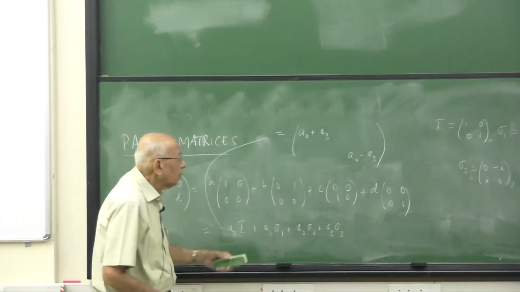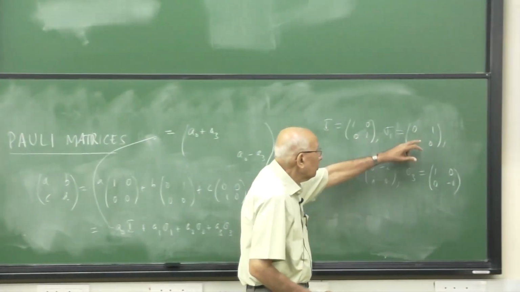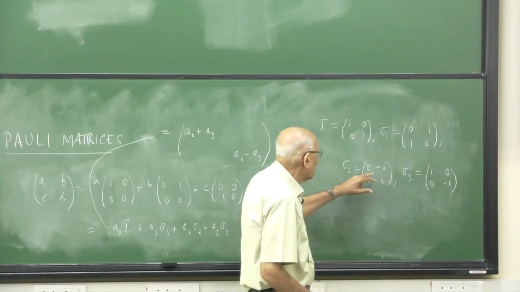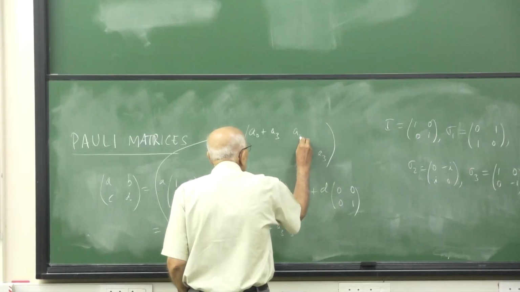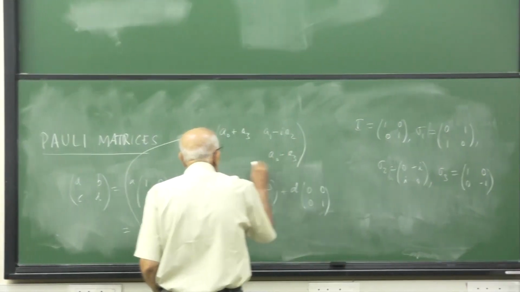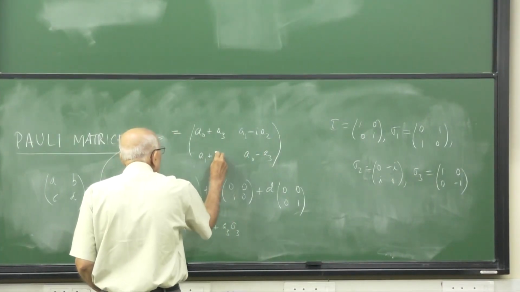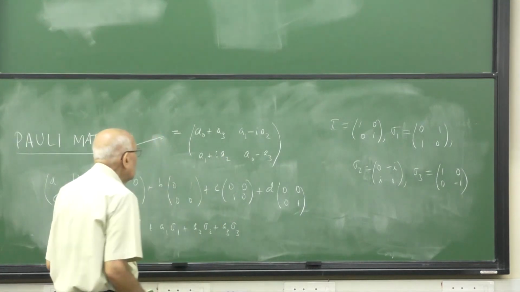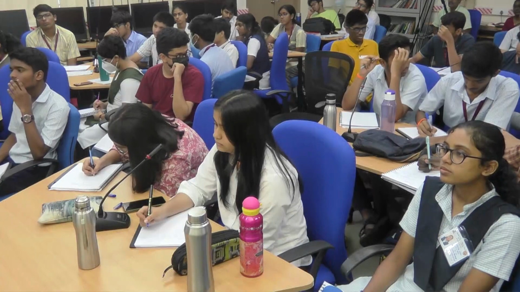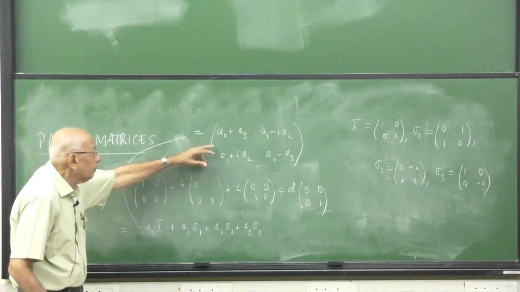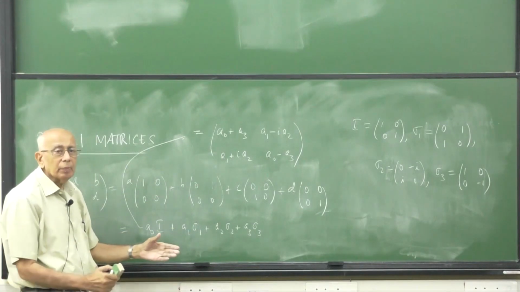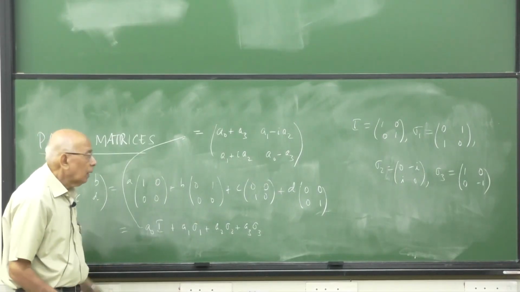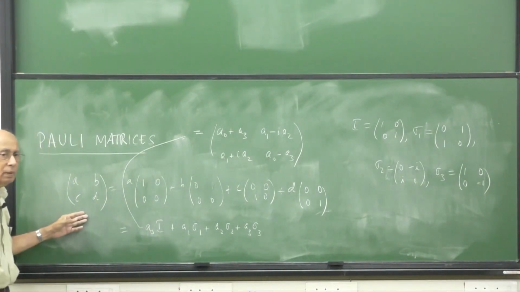There's an A1 which acts on this and gives you an A1, and then there is an A2 which acts here, so it's A1 minus iA2, and this is A1 plus iA2. So this matrix is formed by taking these 4 guys and adding them up. And that must be equal to this.